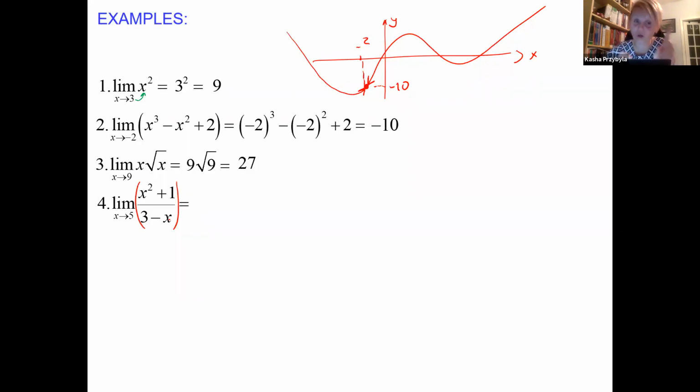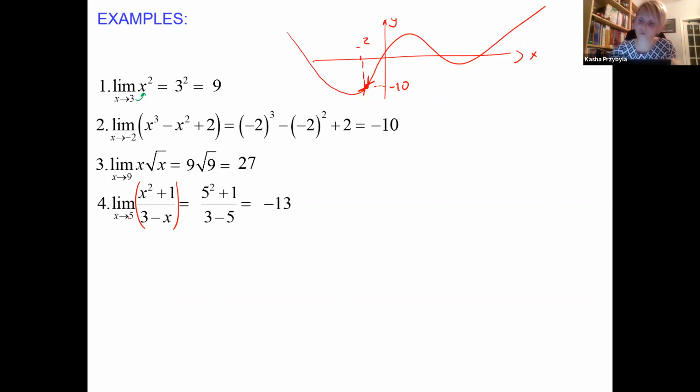Yes, we will have a problem if x approaches 3, and we still have to learn how to solve these problems. But for 5, no problem. We can simply substitute. 26 over negative 2 is negative 13.